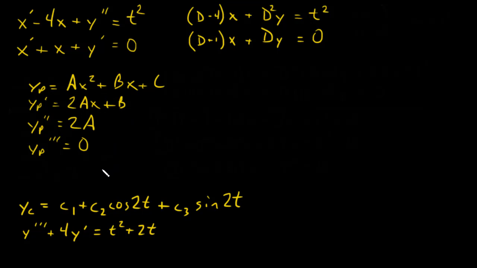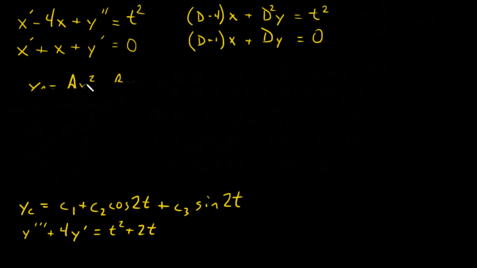What I'm going to do instead, though, I want something to survive to plug into this triple prime. I need more information than 4y prime. So what I'm going to do is start at a t cubed so that something will survive down here. So let me erase this and start over.